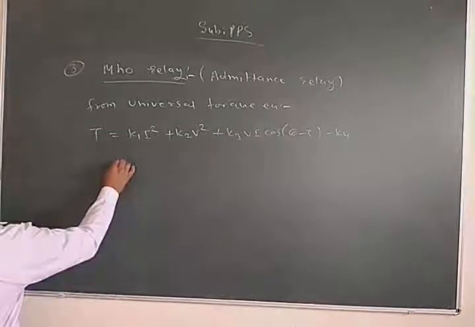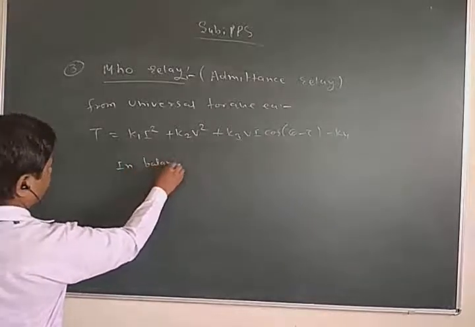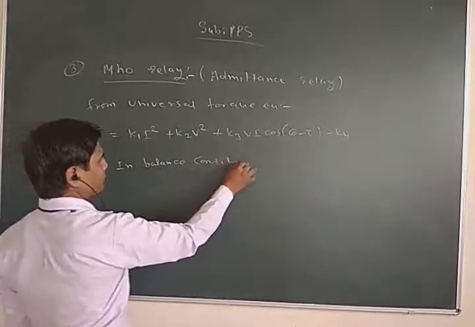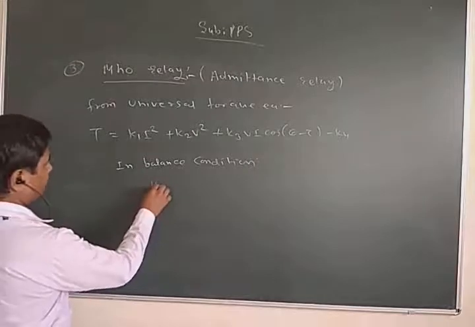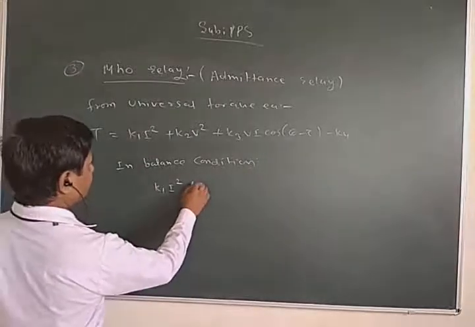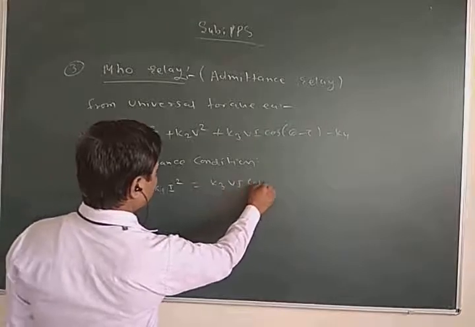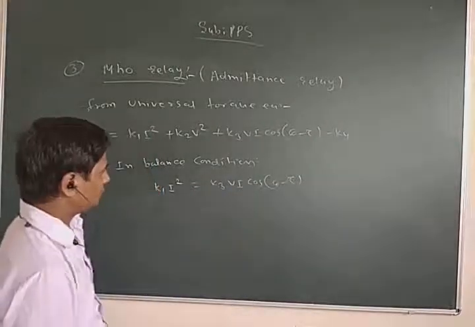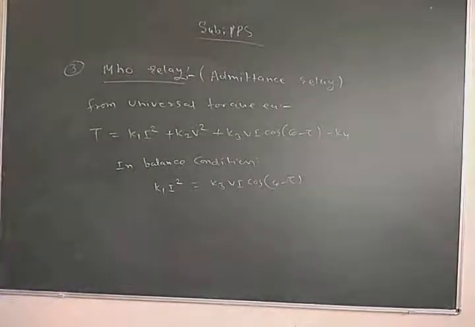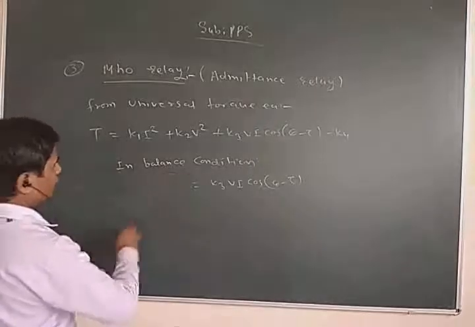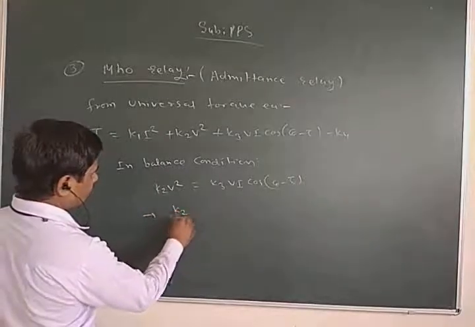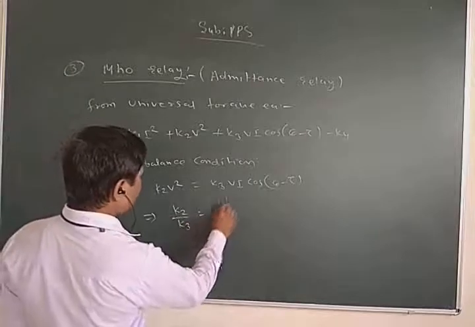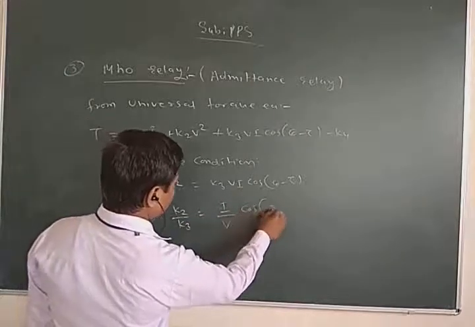In the balance condition, K1 I square is equal to K2 V square plus K3 VI cos of theta minus tau, or we can say that K2 upon K3 is equal to I upon V cos of theta minus tau.